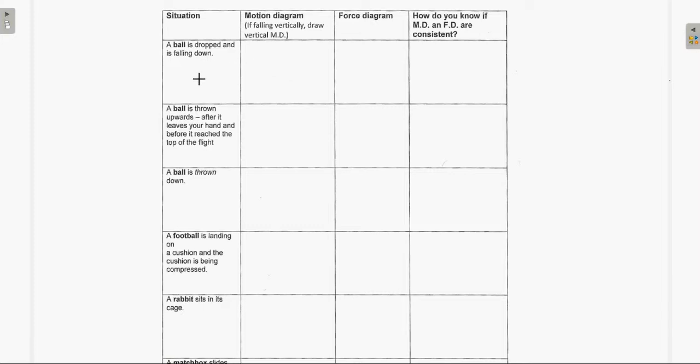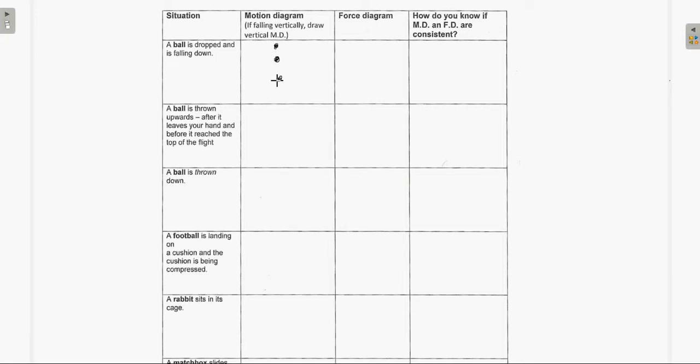A ball is dropped and is falling down. We've seen this a million times in class before. If you recall, it is simply a motion diagram that looks a bit like this.